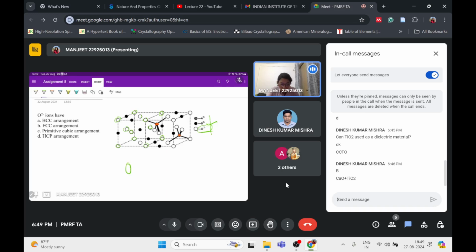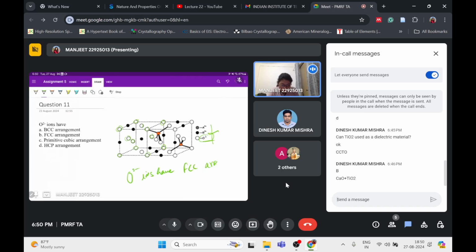So my O2 negative ions have the FCC arrangement, and B will be the correct answer for this one.